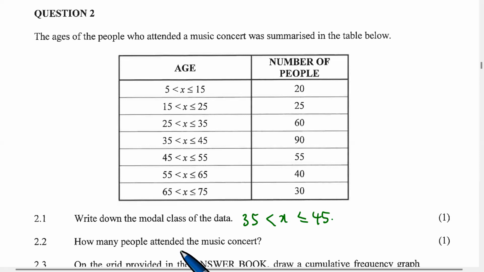So you'd have 320 people. If you take the summation of all these, the 20, 25, the 60, the 90, and so on, you get 320 people.